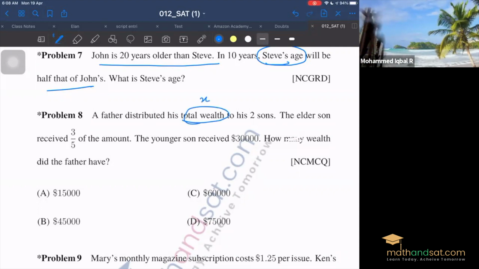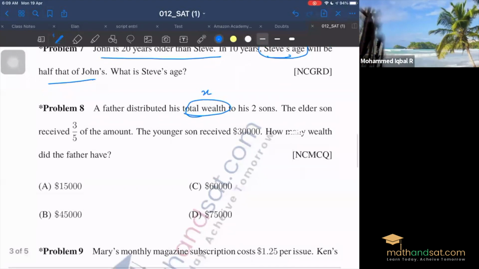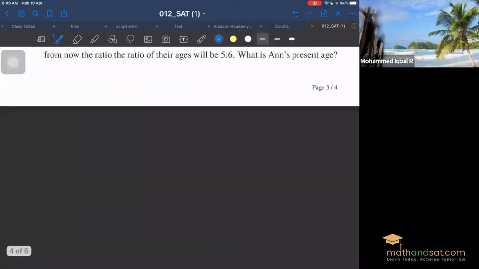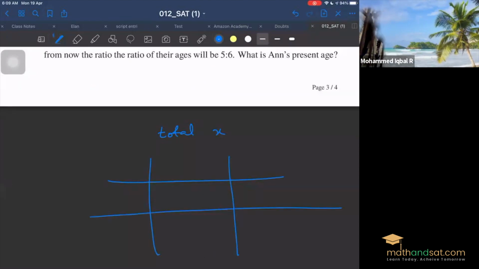This X is being divided into two parts. The elder son receives 3/5 of the amount. See, your total is X. Elder and younger.